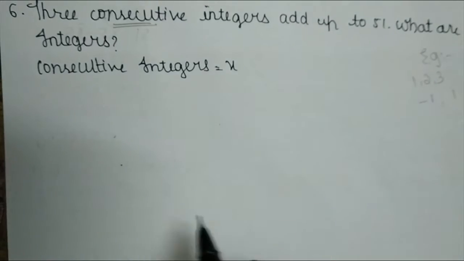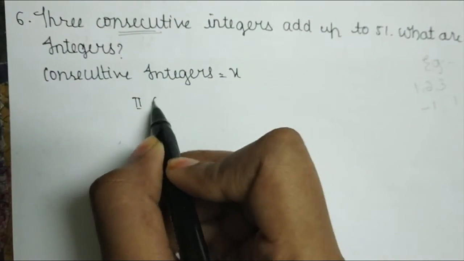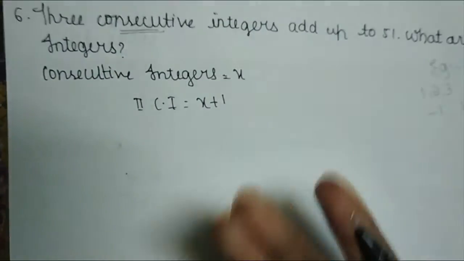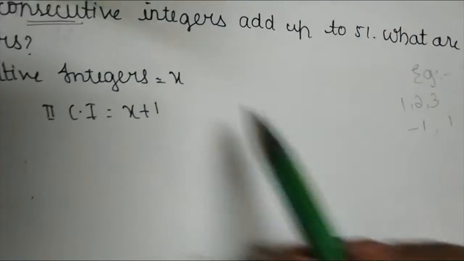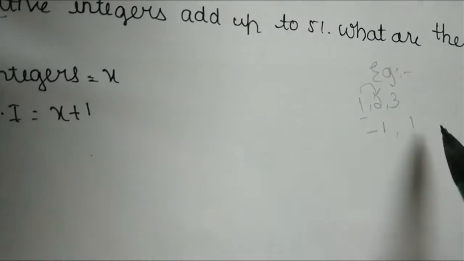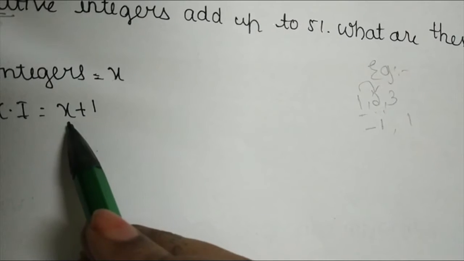They told us 3 consecutive, so let's take the second consecutive integer as x plus 1. Why did I take x plus 1? Because suppose the first consecutive number is 1, then the next consecutive number will be 2. That means it is 1 more than the one before, that is x plus 1.